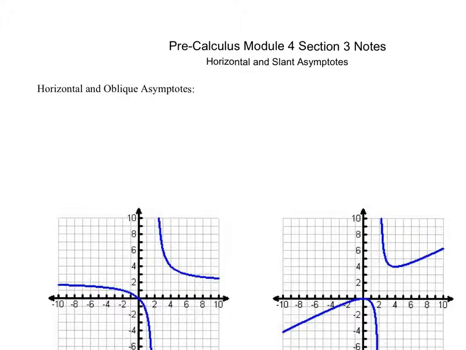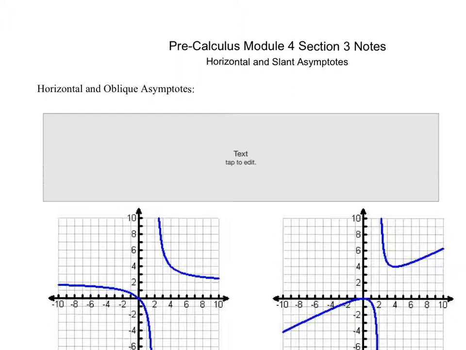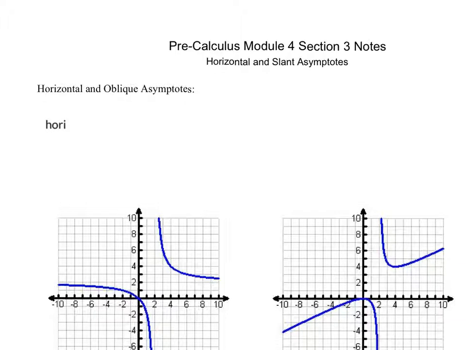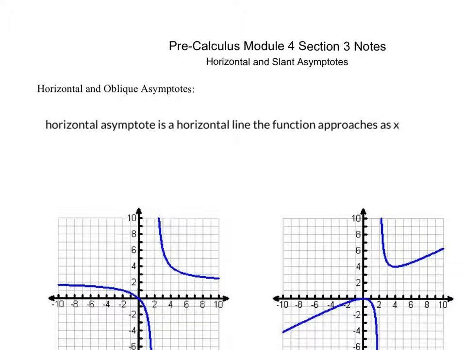In section 3, we're going to talk about horizontal and slant asymptotes. So we're going to start with definitions. A horizontal asymptote is a horizontal line the function approaches as x goes to either positive or negative infinity.